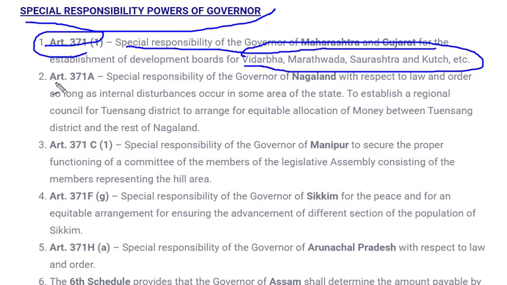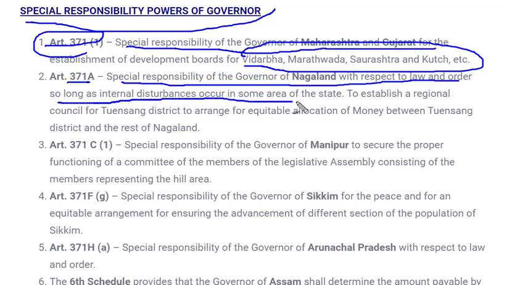Next, Article 371A states the special responsibility of the governor of Nagaland with respect to law and order, in case internal disturbances occur in some area of the state, and to establish a regional council of Tuensang district and arrange for equitable allocation of money between this district and the rest of Nagaland.